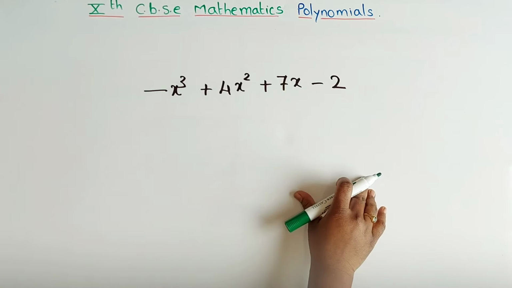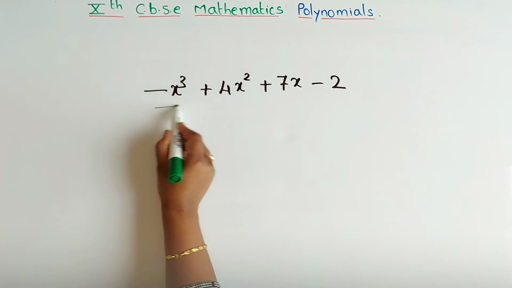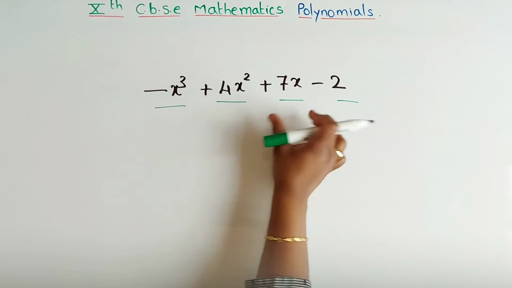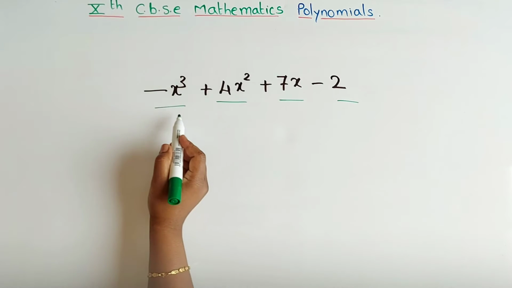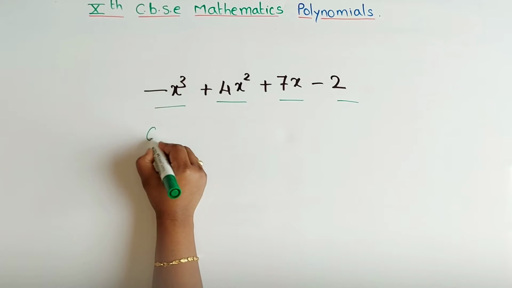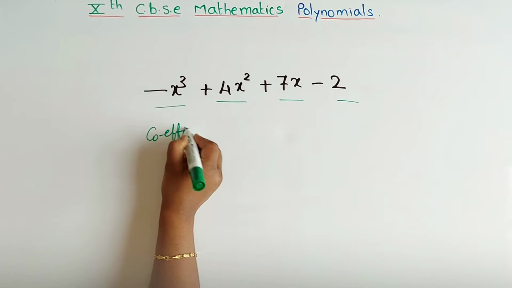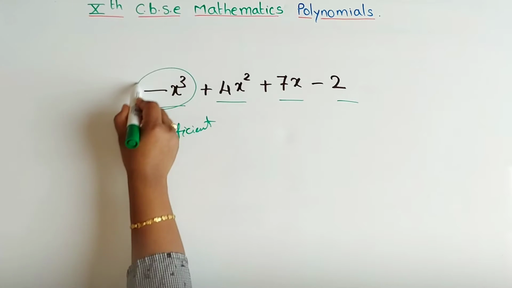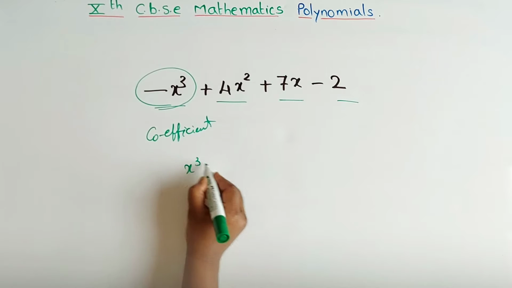Let's take one more expression, children. Here see many terms are there. Right? This is one term, this is one term, and this is one term, and this is one term. Correct children? Each term of a polynomial has a coefficient. See here, minus x cube is there. So what is x cube coefficient, children?